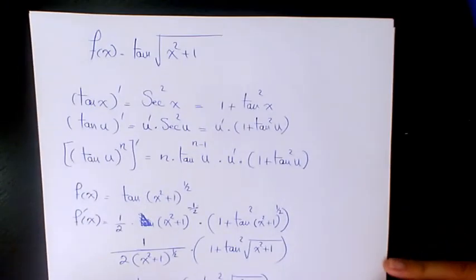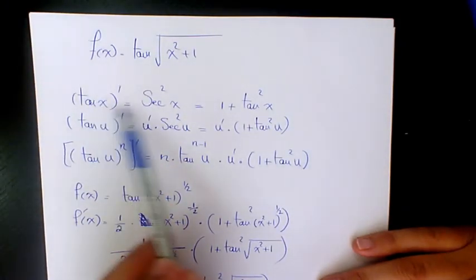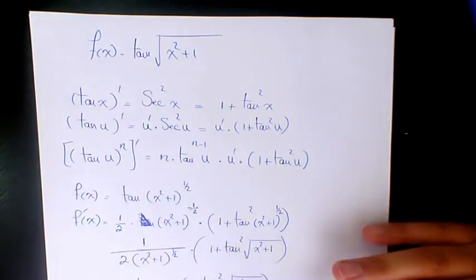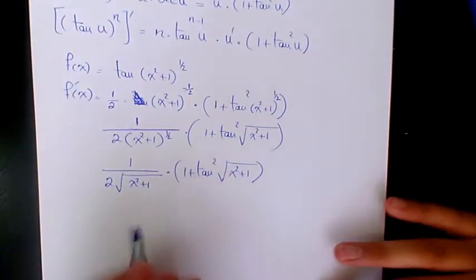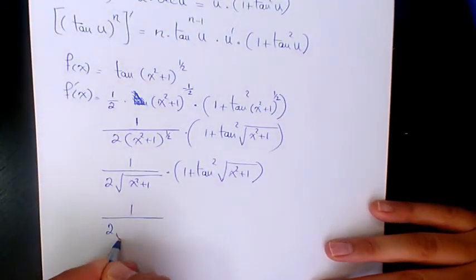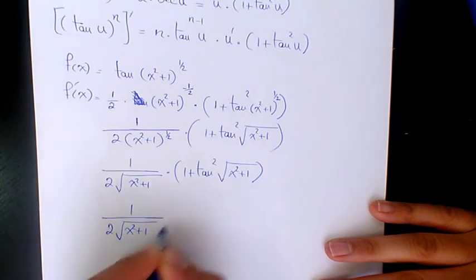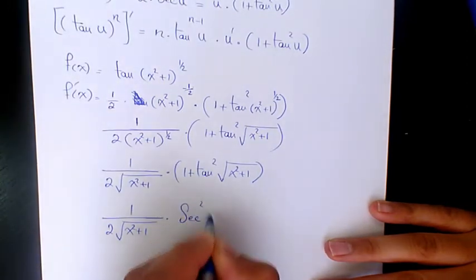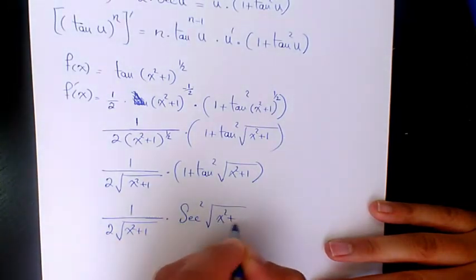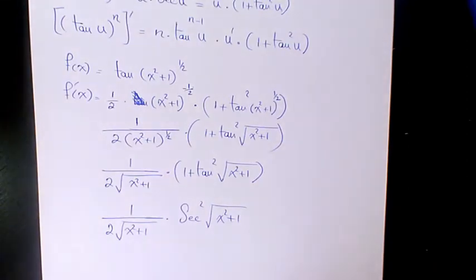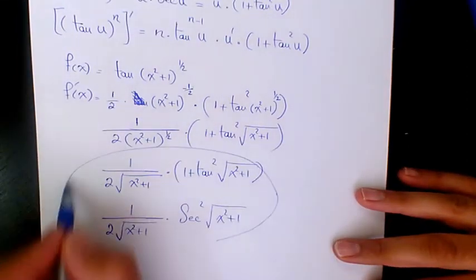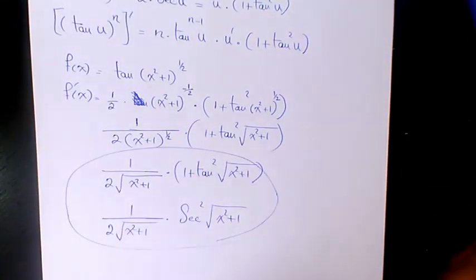And if you remember the derivative of tan x, you can write it in terms of secant squared as well. So in that case, it's going to be 1 over 2 root x squared plus 1, times secant squared of the square root of x squared plus 1. So these are two different forms of the final answer to f of x equals tan of the square root of x squared plus 1.